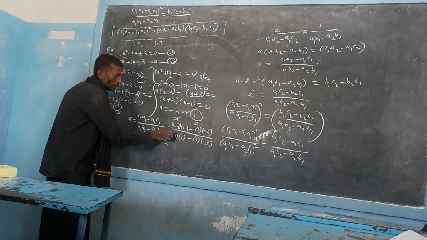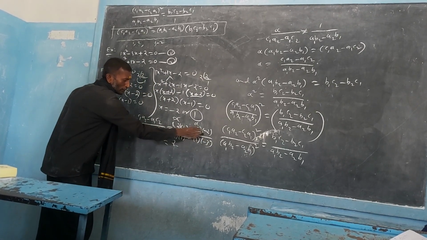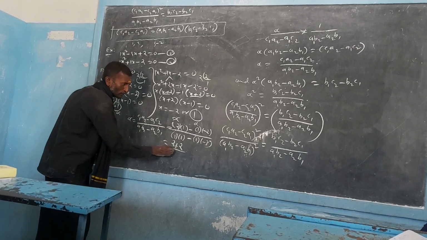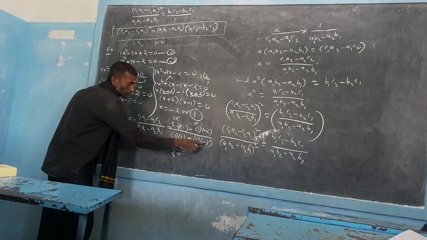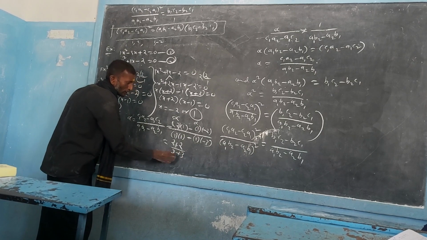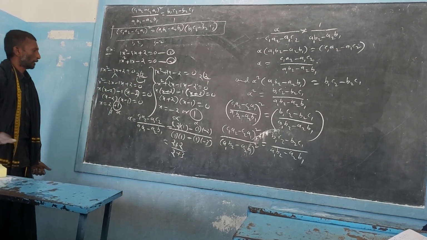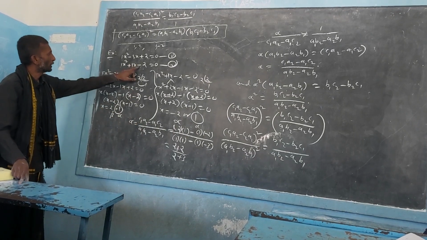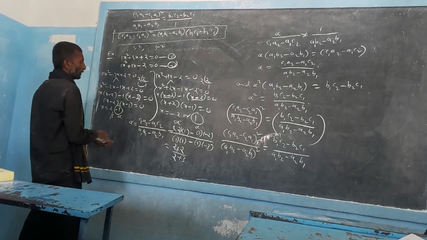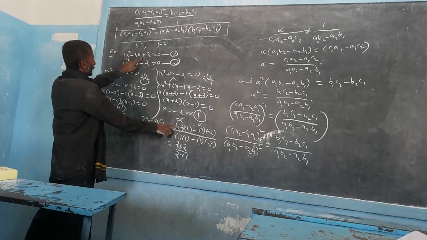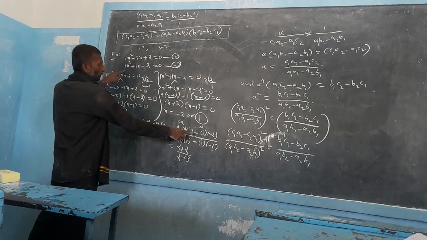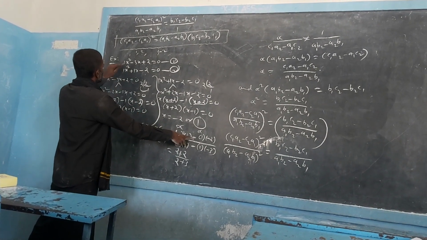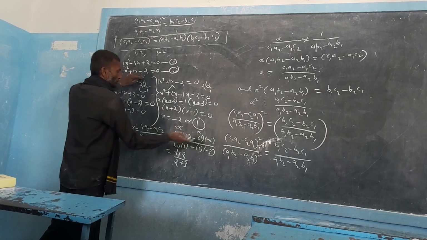So finally what does the answer become? Check it out: 2 plus 2 by 1 plus 3. Let me check it one more time. C1 A2: C1 is 2, A2 is plus 1, minus A1 C2.